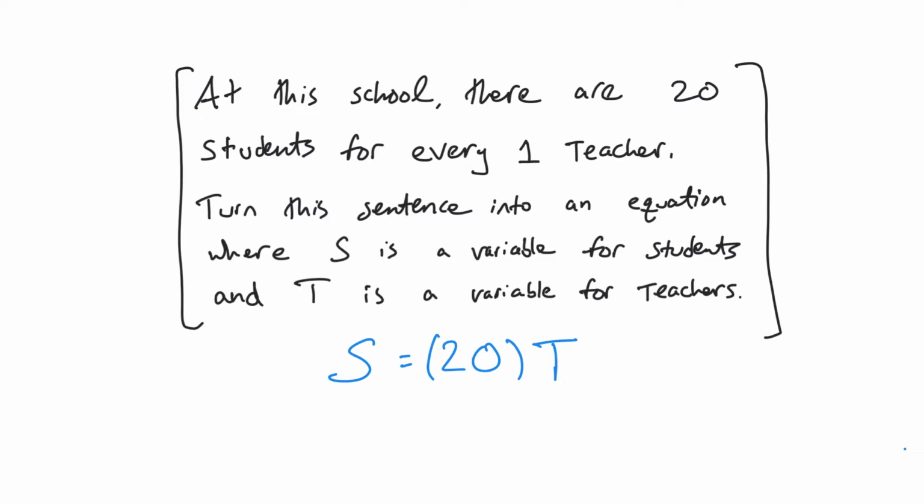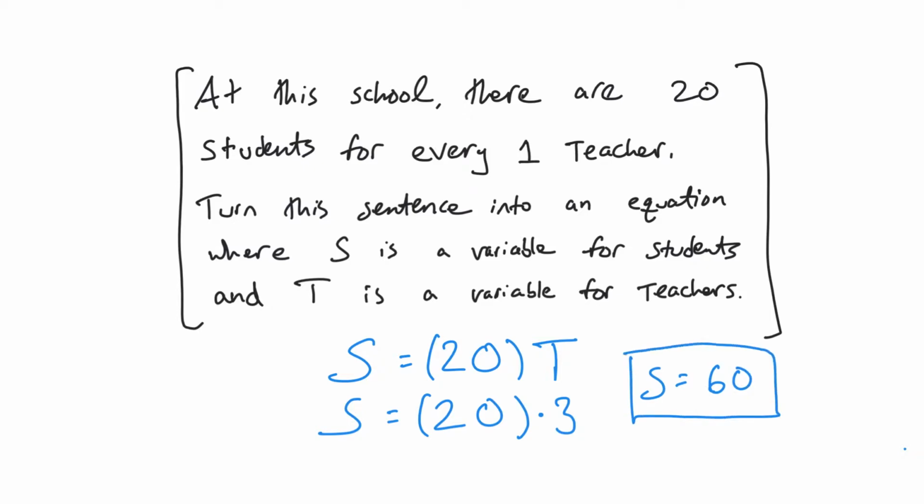And with variables, we plug numbers into them and we can solve for quantities. So for example here, we could plug in some random number of teachers. Maybe some school had 3 teachers, and obviously then we would get 60 students. Okay, so S would equal 60, which would represent the number of students.